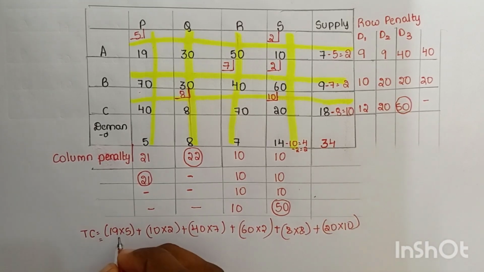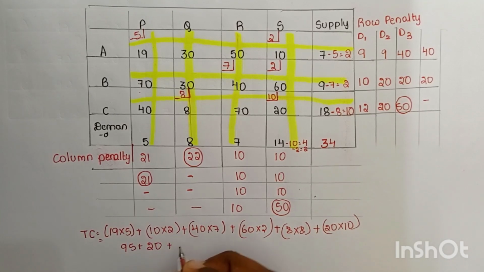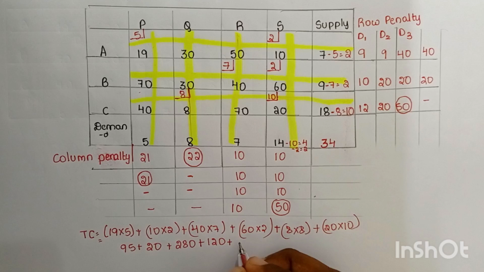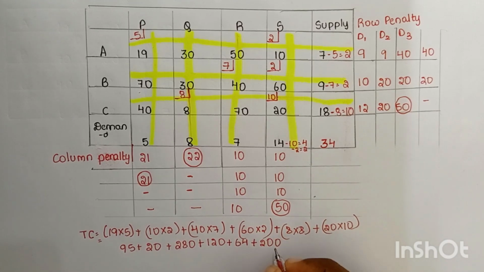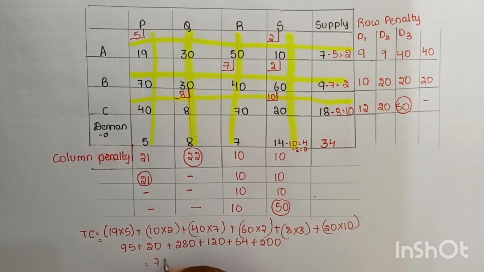So 19 into 5 is 95, 10 into 2 is 20, 40 into 7 is 280, 60 into 2 is 120, 8 into 8 is 64, 20 into 10 is 200. So 95 plus 20 plus 280 plus 120 plus 64 plus 200 is 779.